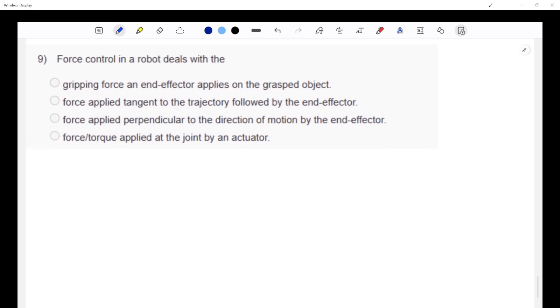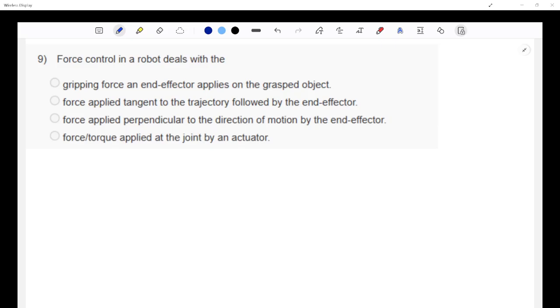Force control in a robot deals with the gripping force an end effector applies on the grasped object, force applied tangent to the trajectory followed by the end effector, force applied perpendicular to the direction of motion by the end effector, or force or torque applied at the joint by an actuator.